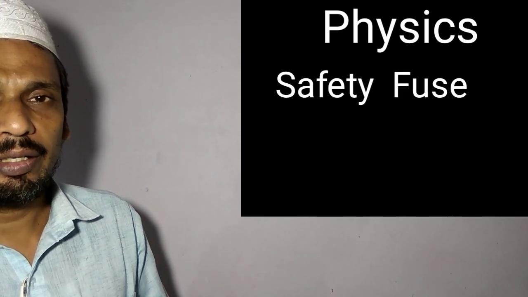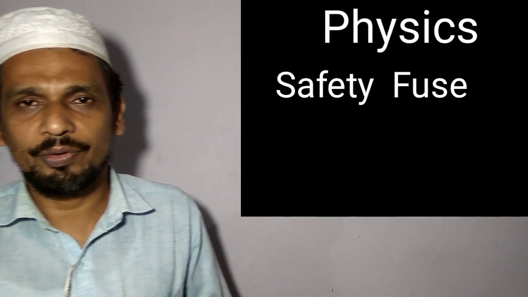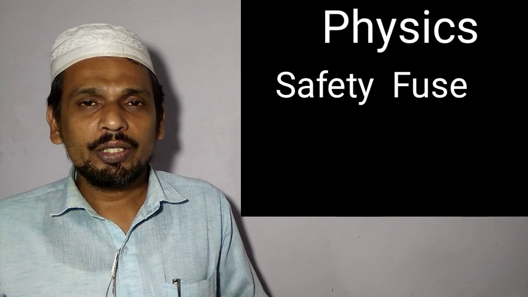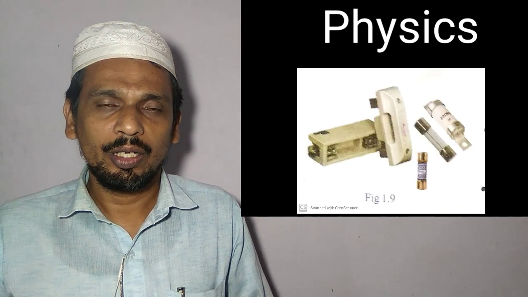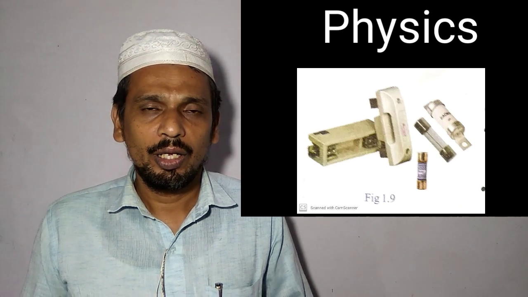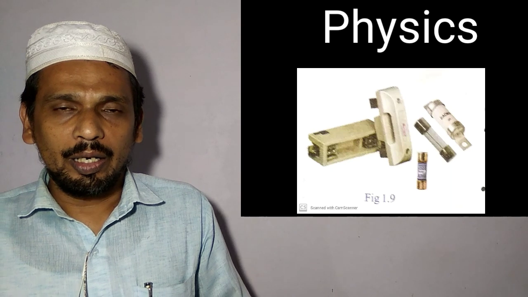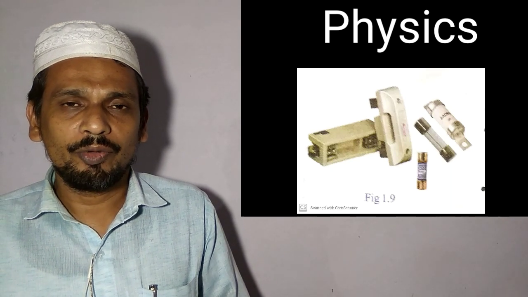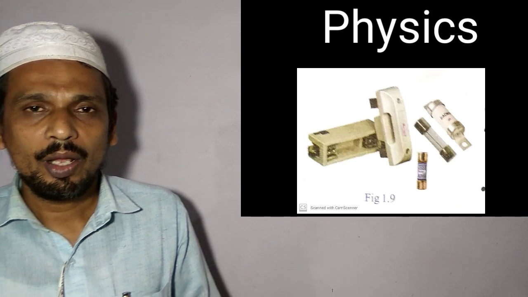Then another device used based on the heating effect of electric current is the safety fuse. What is the use of a fuse in an electric circuit? You can see a fuse in the electrical circuit of your house.